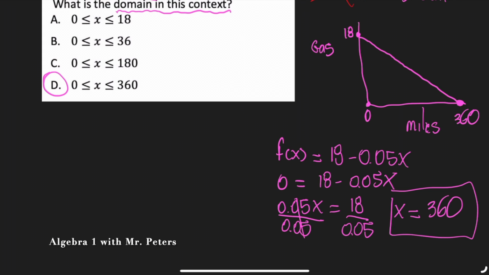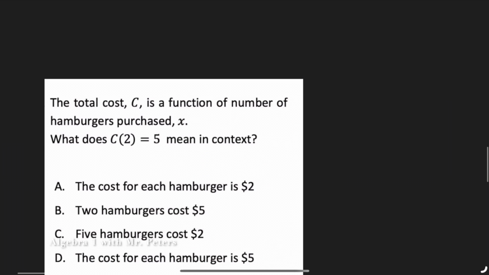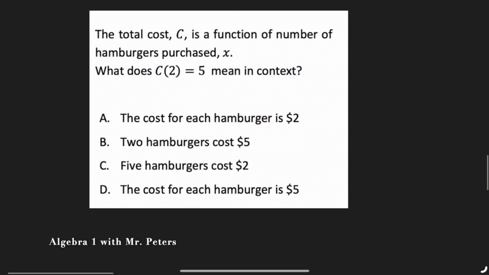Now, before we go, let's look at problem number 2. Because problem number 2, this is what we're kind of used to. They tell us exactly what they mean. So it tells us the total cost, C, is a function of the number of hamburgers purchased, x. So we know x is the number of burgers, and we know C of x is equal to the cost.